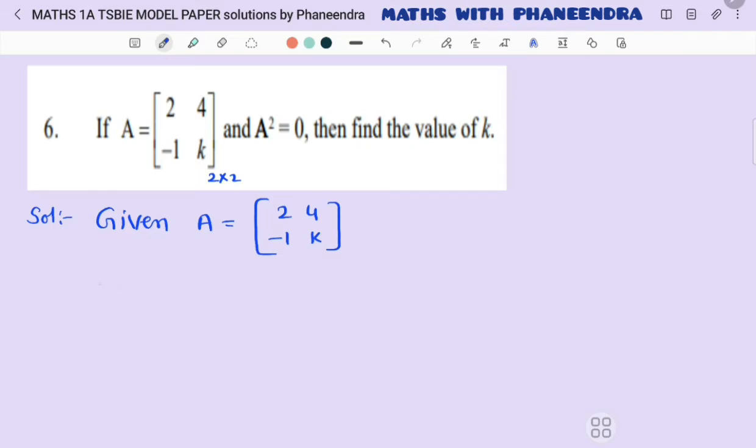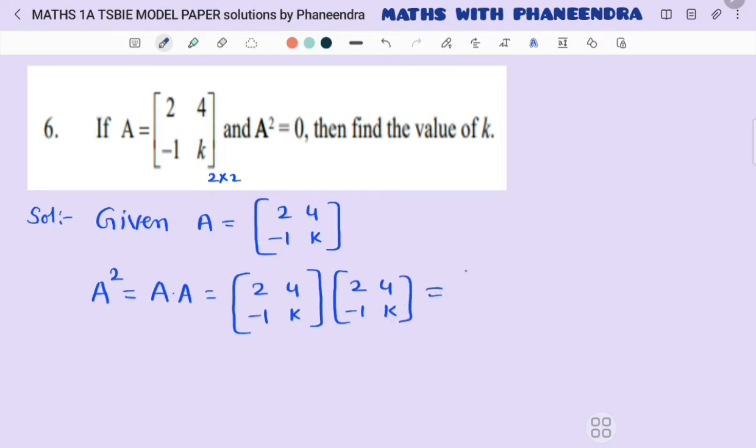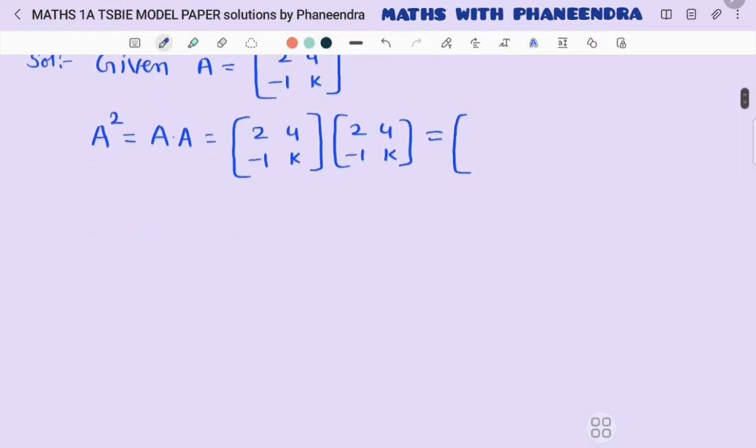First, calculate A square. A square is equal to A into A, that is [2, 4; -1, k] into [2, 4; -1, k]. You can multiply as in the previous problem. 2 2s are 4, 4 into minus 1 is minus 4. Next, 2 4s are 8, 4 into k is 4k.